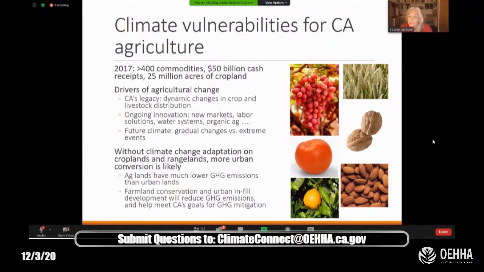Ag lands have much lower greenhouse gas emissions than urban lands. So if we can conserve farmland and rely on more urban infill development, we'll be able to reduce greenhouse gas emissions and help meet California's goals for greenhouse gas mitigation.